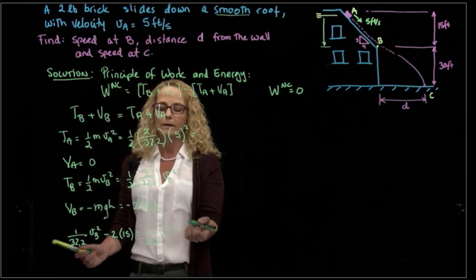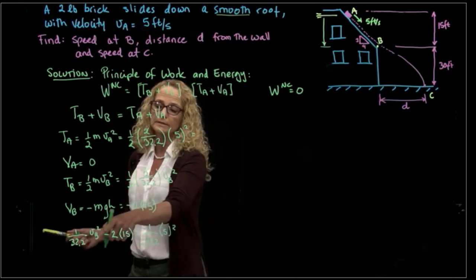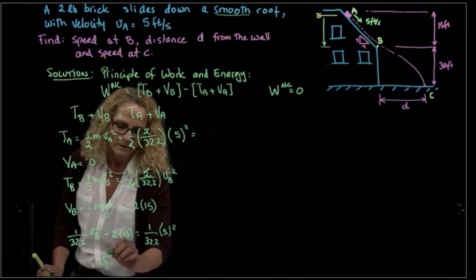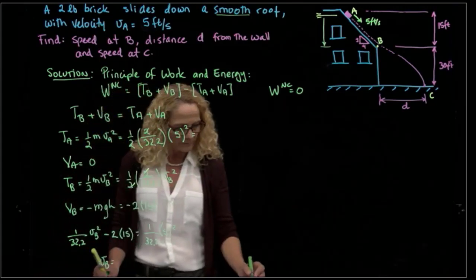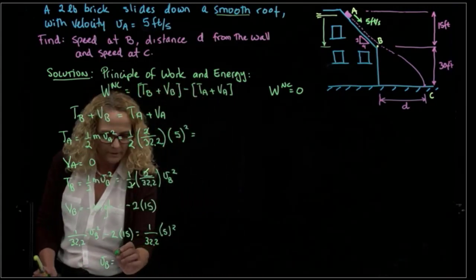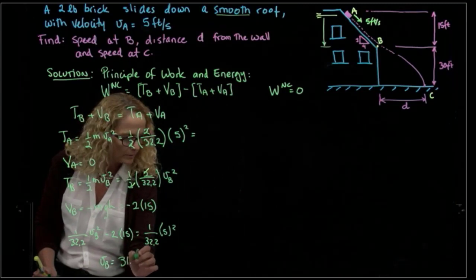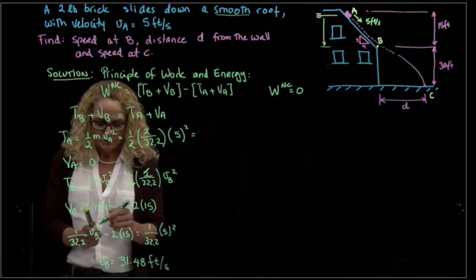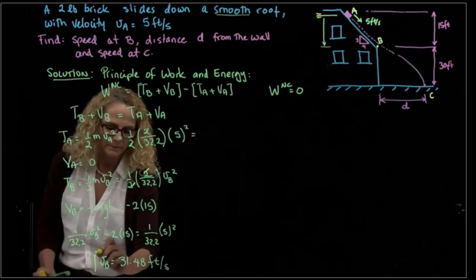The only unknown that I have is my velocity at B, so I can solve for B, and the answer will be 31.48 feet per second. So that's the velocity at B.